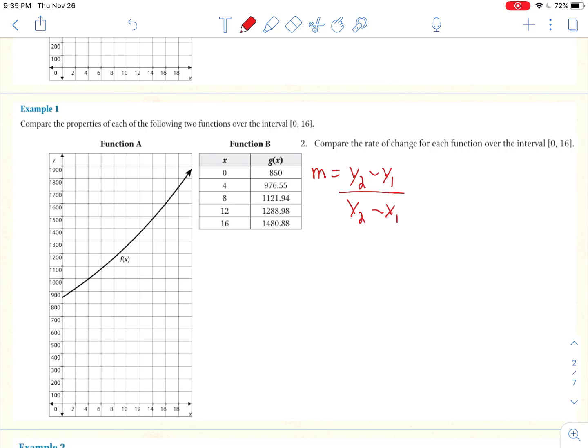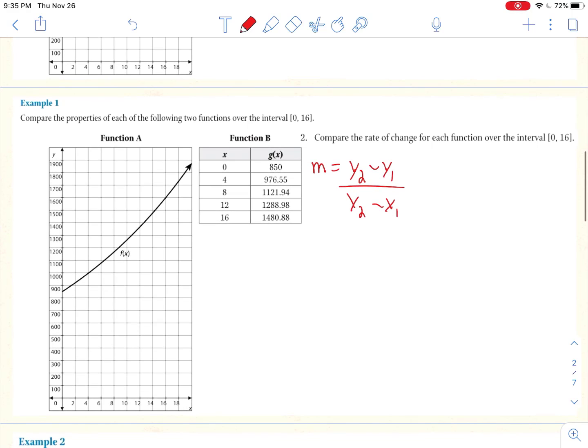Our change in y over our change in x. Let's first look at function a from 0 to 16. At 0, we're at 850. And at 16, we're at 1,600. I'm going to go ahead and rewrite these ordered pairs over here off to the side, so we have room to substitute these in.